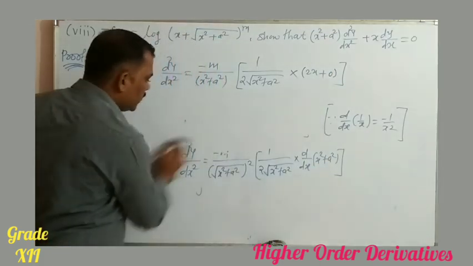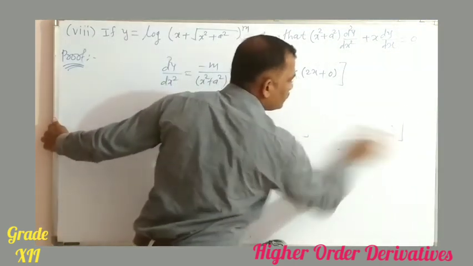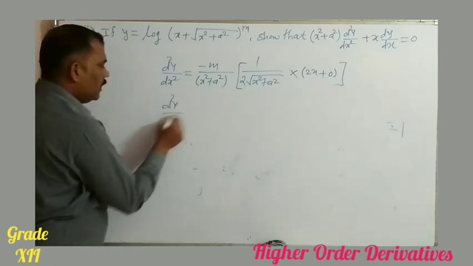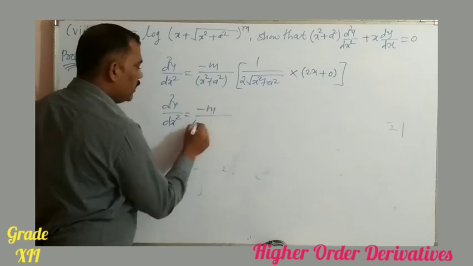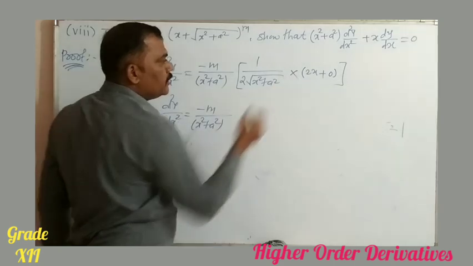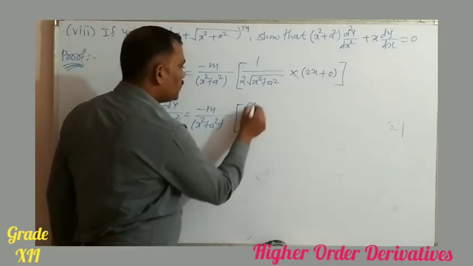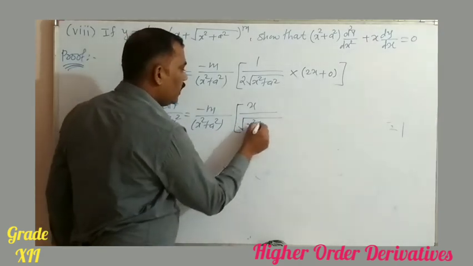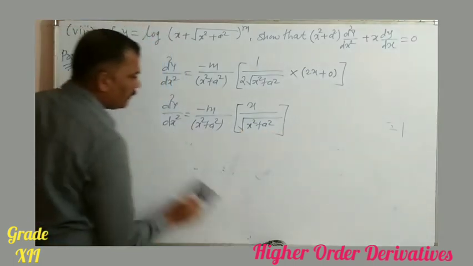So now d2y by dx square is equal to minus m divided by x square plus a square into 2x plus 0 is nothing but the 2x. Here 2 get cancelled, so x divided by under square root of x square plus a square.